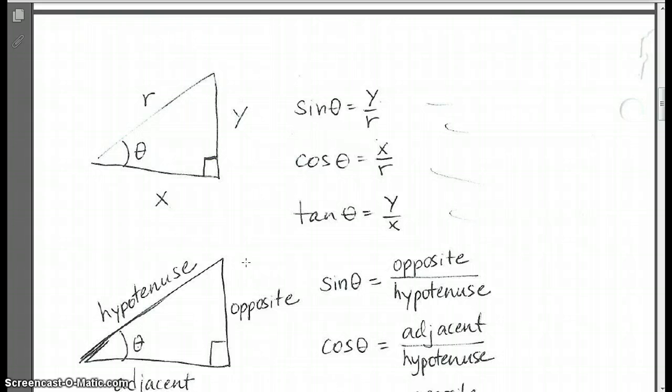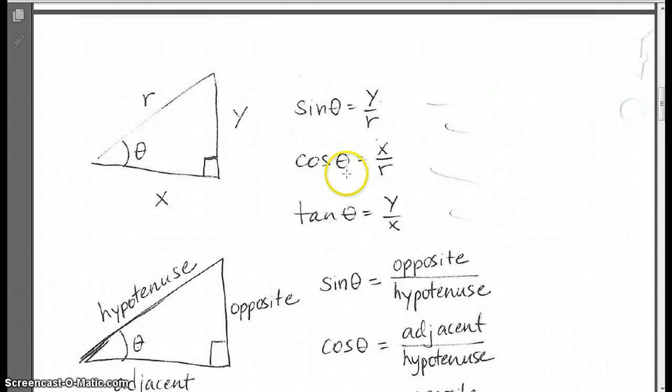So when we think about right triangle trig, it's basically taking the idea that you've done from chapter 2 when we said that sine theta was y over r, and if we draw a right triangle like we did with the unit circle to represent those, notice that y represents the side opposite theta and r represents the hypotenuse of the triangle.